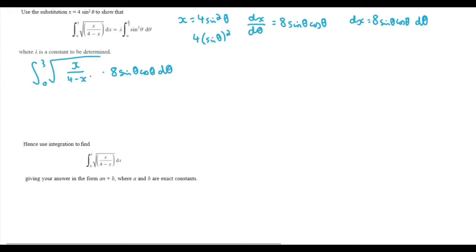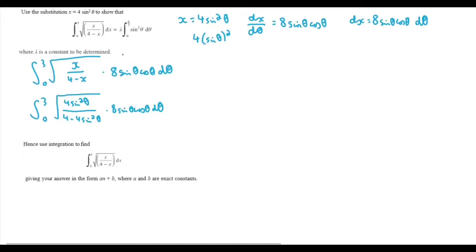Next, because these expressions still exist, we can make the main substitution. So we'll have between 3 and 0, the square root of 4 sine squared theta over 4 minus 4 sine squared theta times 8 sine theta cos theta.